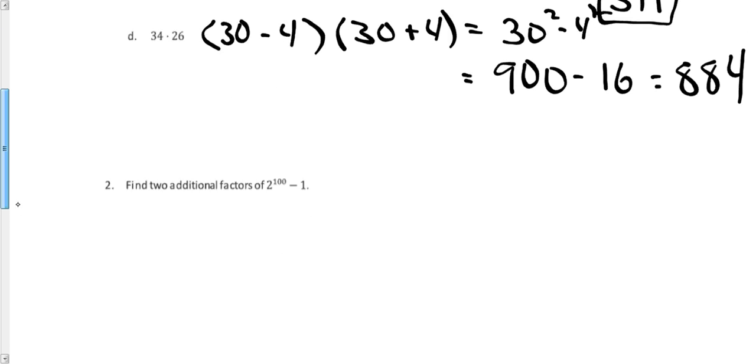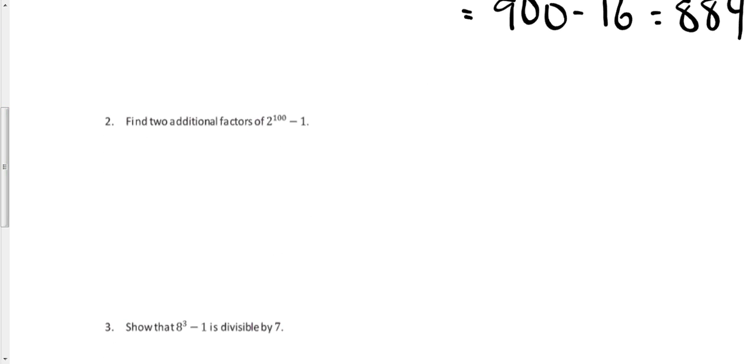Now, we are going to go the other way. Is this a square term? 2 to the 100th power. Who says 2 to the 100th is a perfect square term? I say it is.